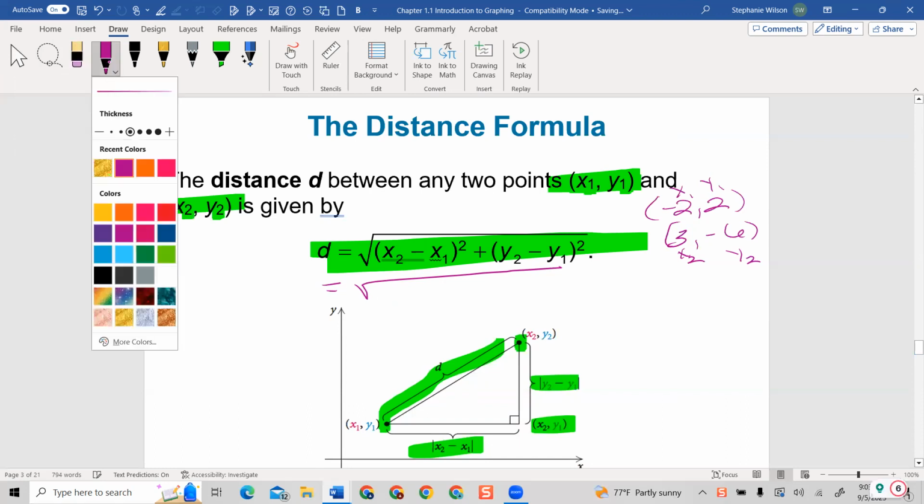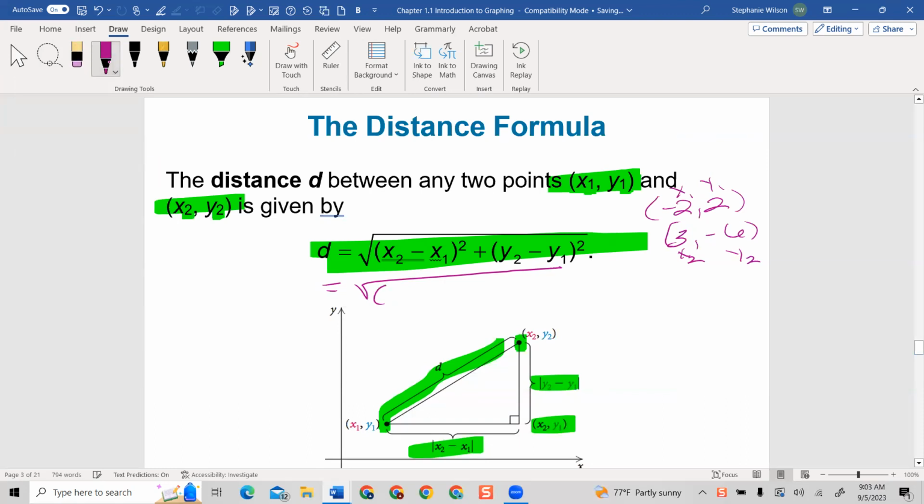Now, let's do this. My x from the second order pair is a +3 minus my x from the first order pair, which is a -2. So I put it in parentheses because I have this minus going on. And negative times negative is positive, right?